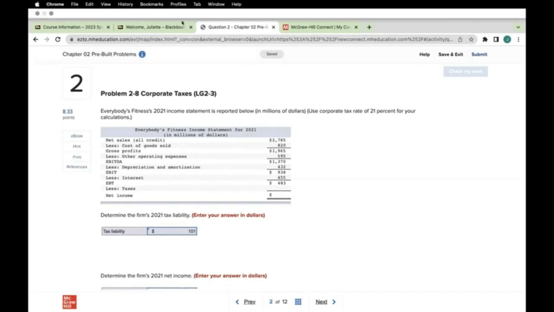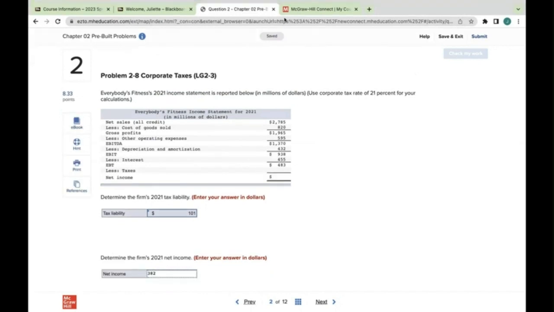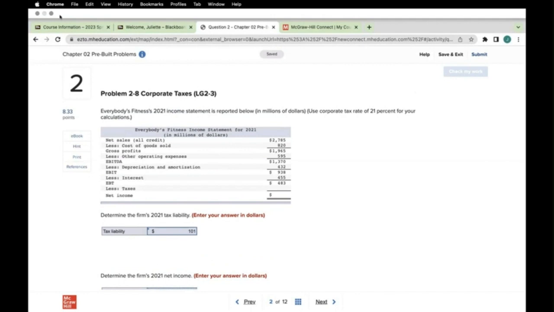Okay. But logically, 101, as long as the calculation is not wrong, that's correct. Wait a minute.